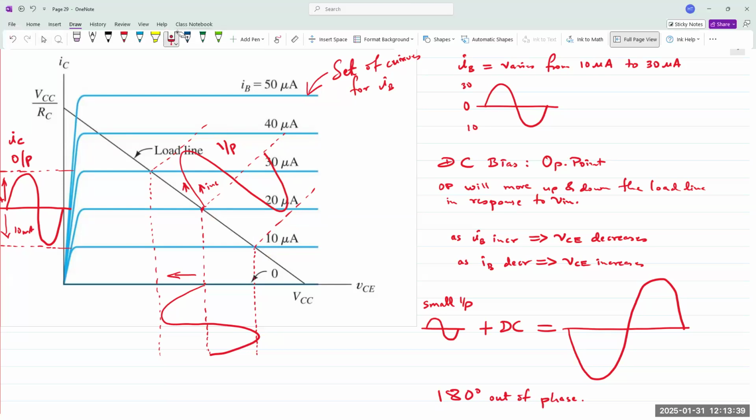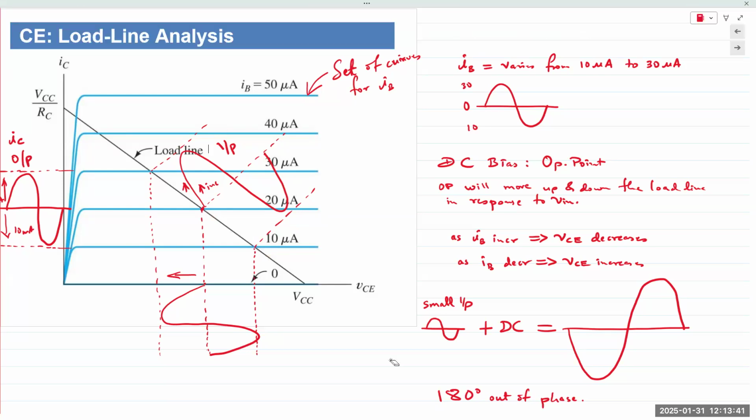So now there are three things going on in this input waveform on the output characteristic. We have the input right here, and that input is basically IB variations. IB variation is again 10 to 30.